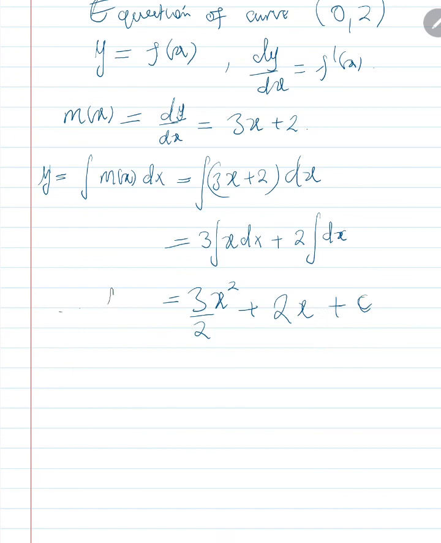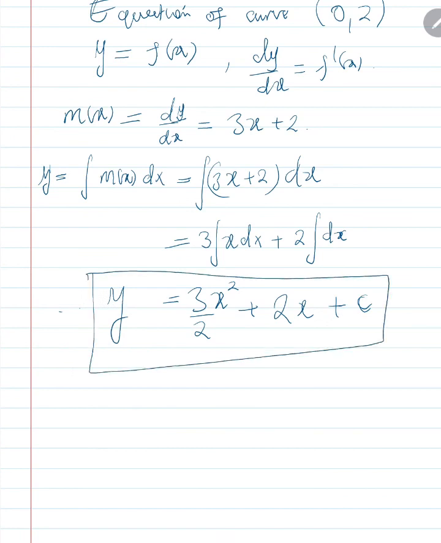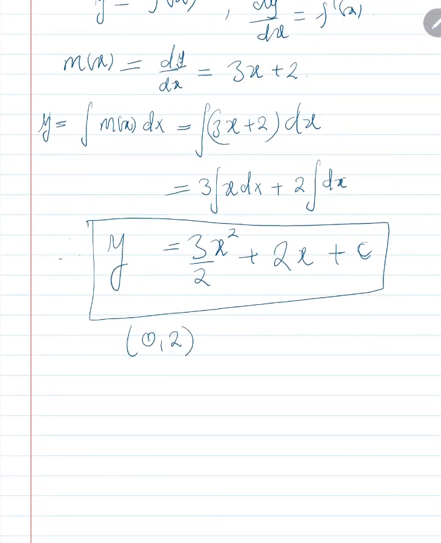So therefore, y is equal to this. Now, this is the general equation. We need to find the value of c. We have been given that the curve passes through (0, 2), so 0 is the value of x, and 2 is the value of y. So 2 is equal to 3 over 2 times 0 squared plus 2 multiplied by 0 plus c.